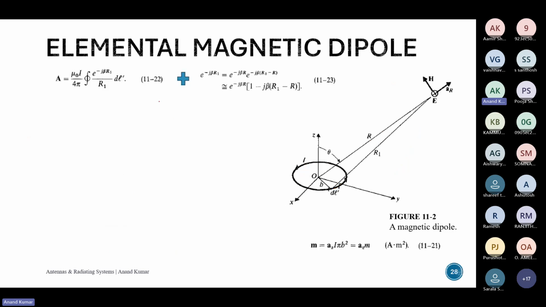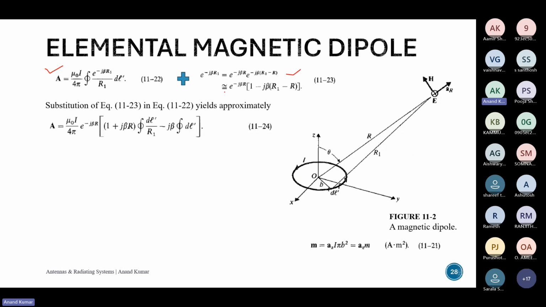Now we have the expression for the vector potential. We put the approximation inside the vector potential, so this is what it ends up. The constant terms are taken out, and we are left with this integral and this integral. This integral is actually 0.